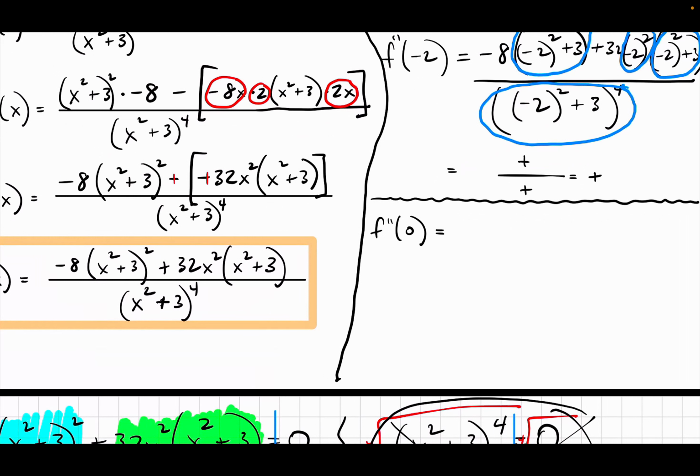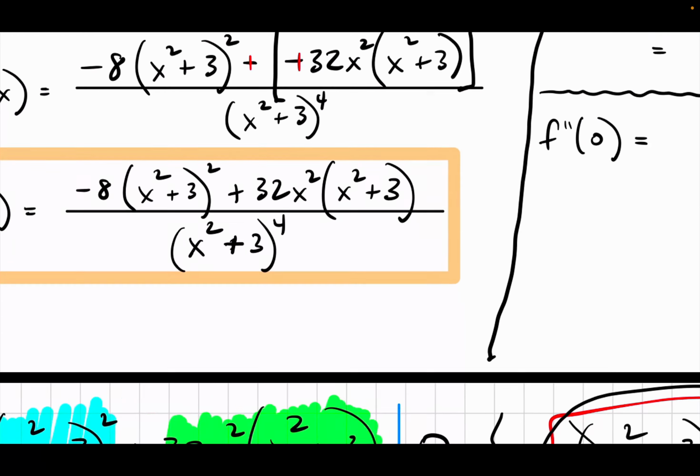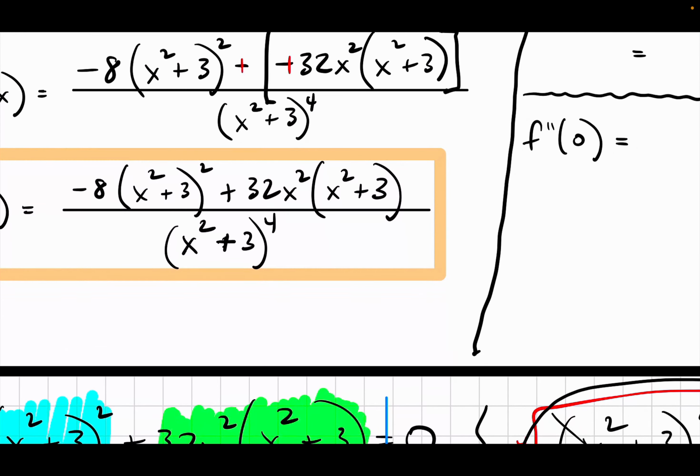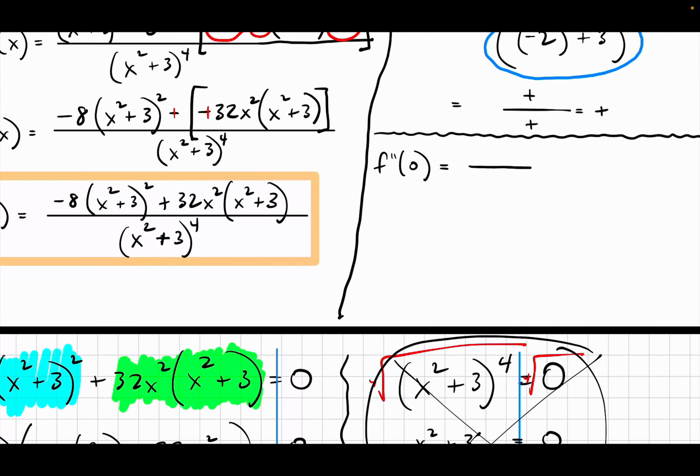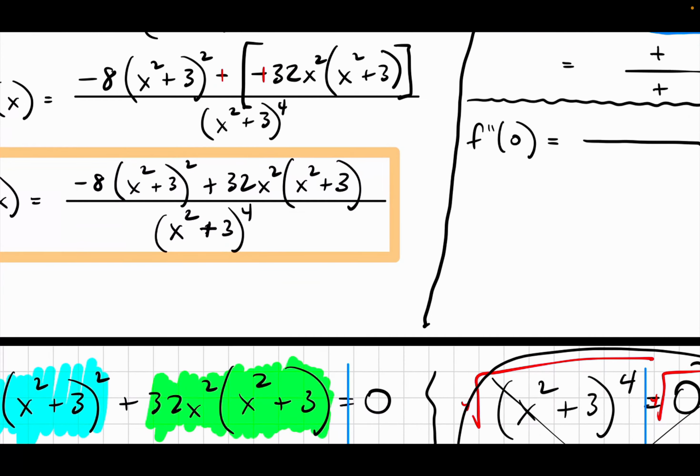Okay? So if I plug in 0, let's see what we got. I'm going to get a positive on the bottom. We already know that. Positive on the bottom. Okay.